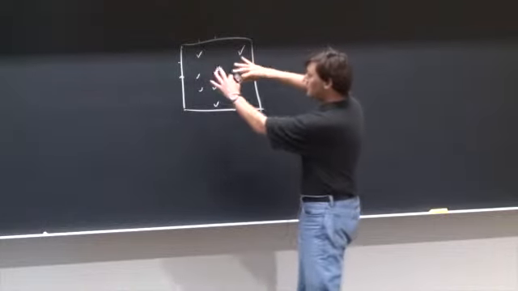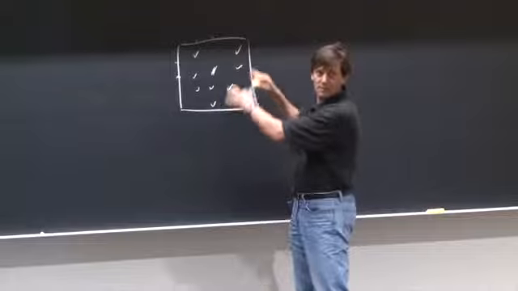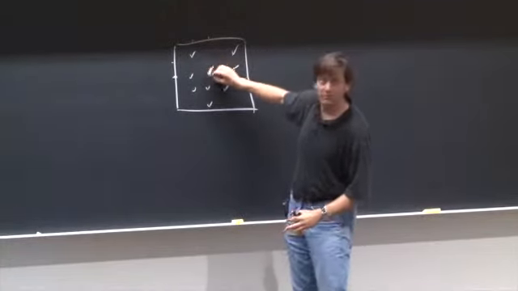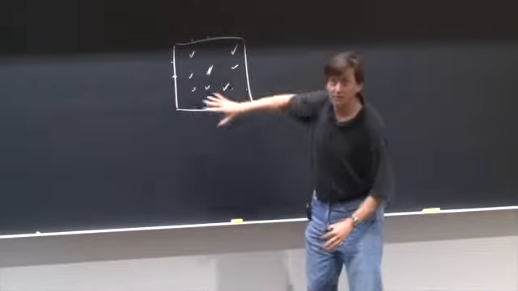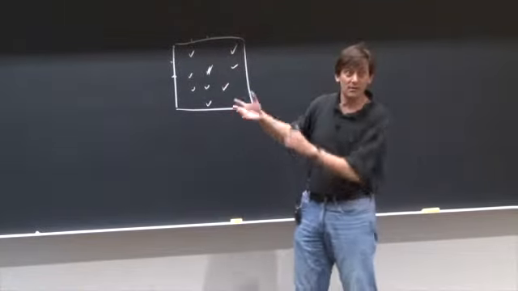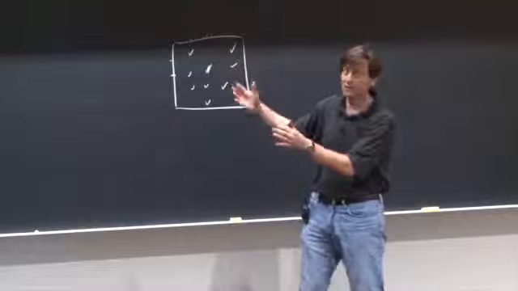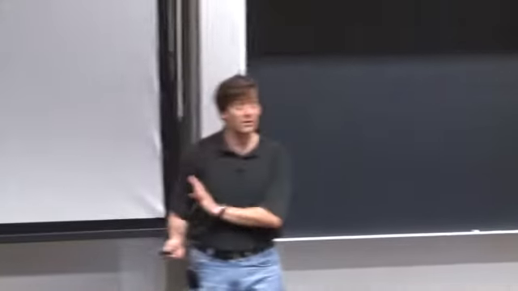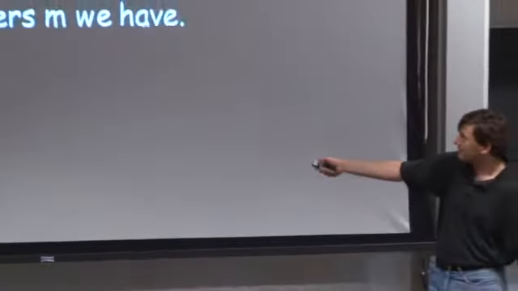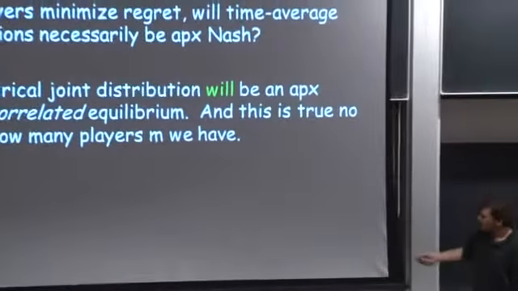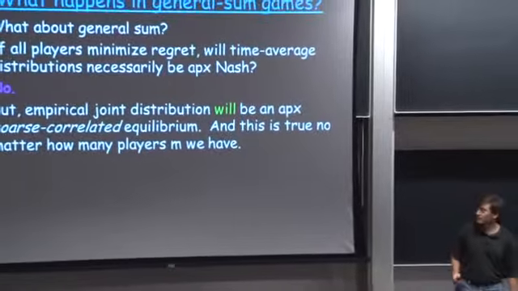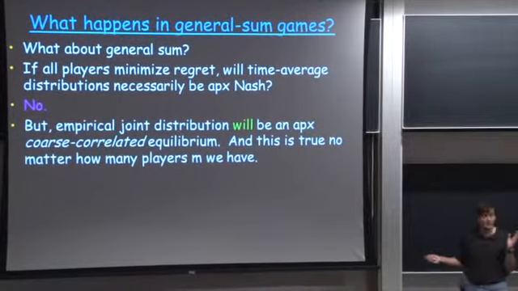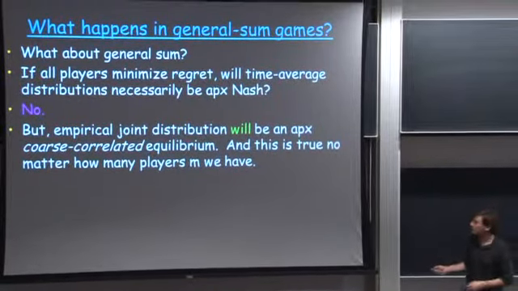These check marks are what I mean by the empirical joint distribution: how every square is played some fraction of time. So this is a distribution over entries in the matrix. If it's k players, it's a k-dimensional thing. That thing will be an approximate coarse correlated equilibrium. I'll define what that is in a second. And this is true no matter how many players m we have. So that is something these things will approach. It's not a Nash equilibrium, but it's this coarse correlated equilibrium.